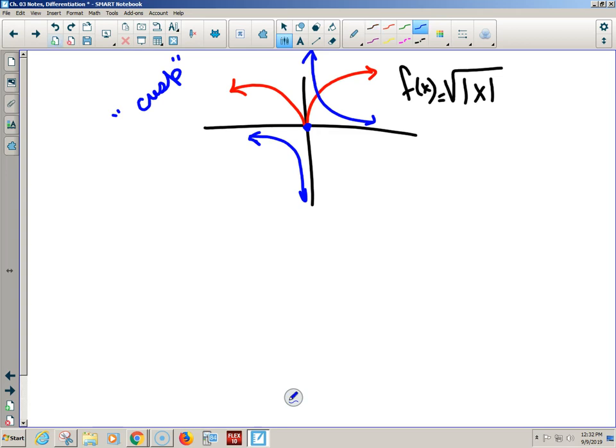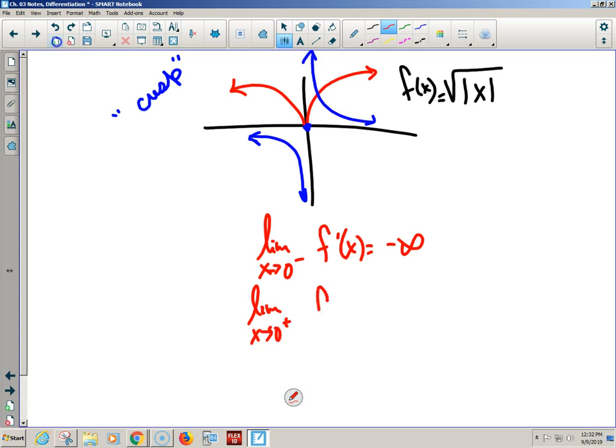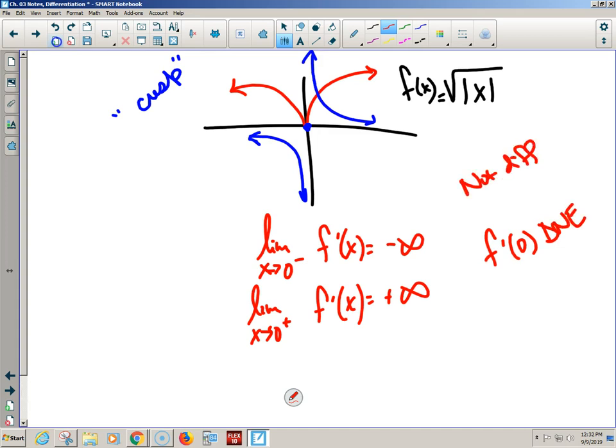There we go. So this would be one where the limit below, so then f prime of 0, which is why the function is not differentiable, but in a unique way from either of the other ones that we've seen.